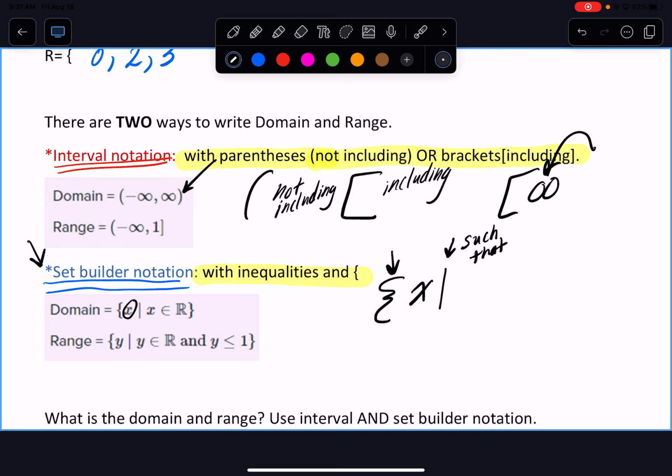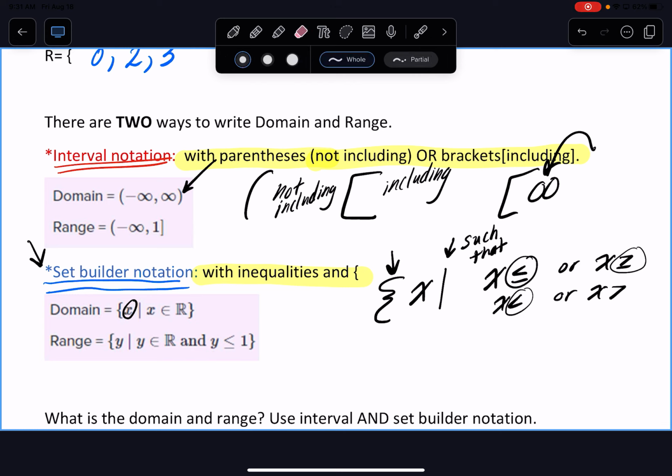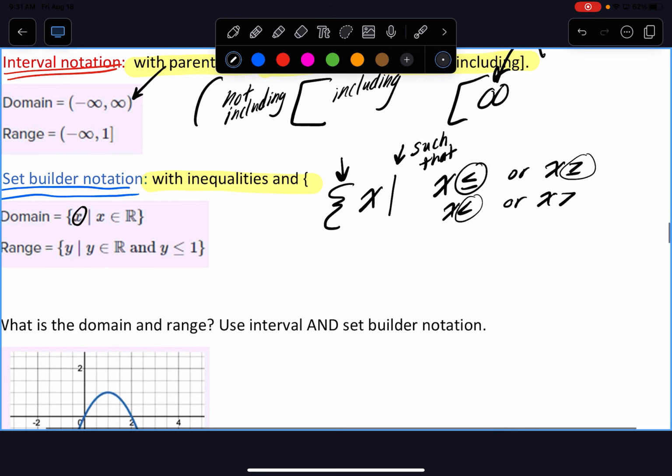So inequalities are this. Do you guys know what I'm talking about? Greater than or less than or equal to. Or X is greater than or equal to. Or X is less than. That's when it's not including. Or X is greater than. Now, if it's negative infinity to infinity, they recommend just using the all real number symbol. It's just this fancy R.